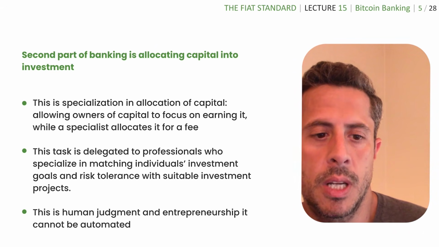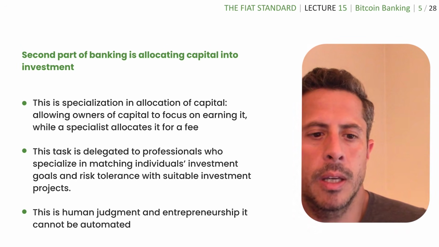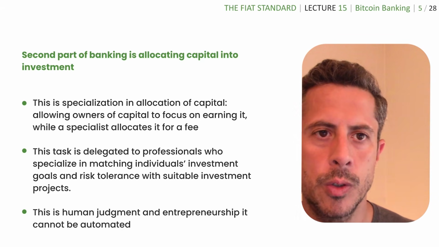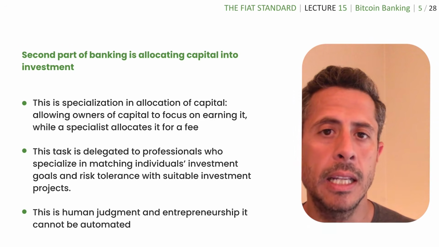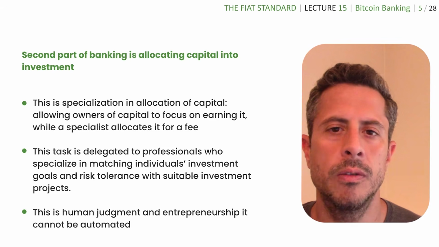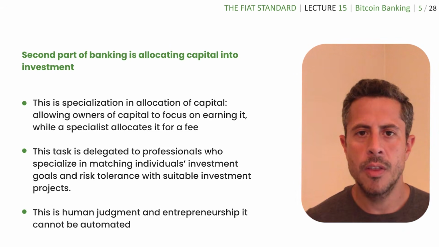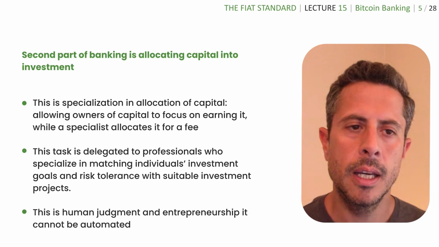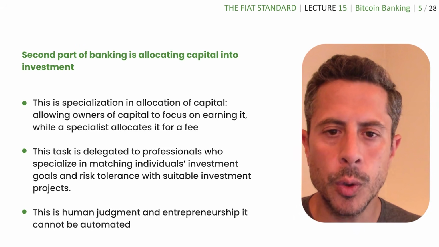So the second function of banking traditionally is the allocating of capital into investment. This is really the specialization in the allocation of capital. It allows the owners of capital to focus on earning capital and allows professionals to focus on managing that capital and allocating it to places where it can produce the best returns given the investment goals of the owner of the capital. By delegating it to professionals, they're able to assess your situation in terms of your financial planning: how old you are, what kind of risk you want to take, what time horizon you have for your investment.